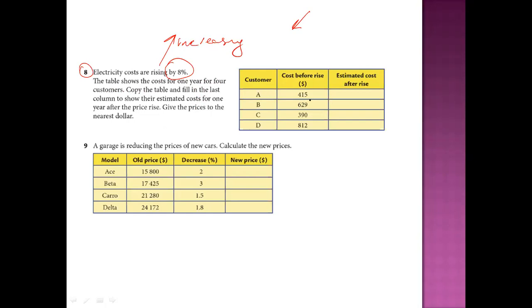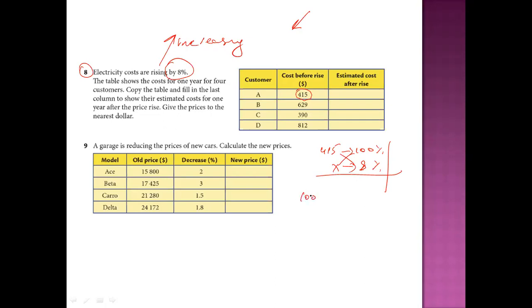Okay, so we need, first of all, the 8% of the original value, which is 415, if it's 100%. What is the 8% of this value, x? Okay, so cross production, x times 100.